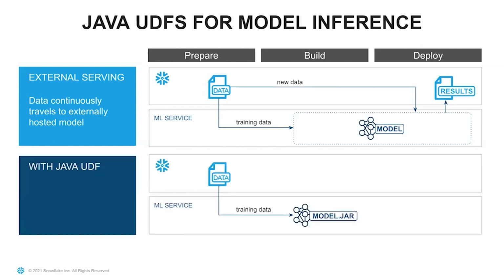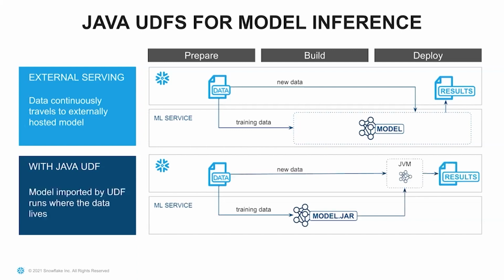But with a Java UDF, what you get out of your ML training and modeling is a jar file. Our partners support this method, and you get that jar file back into Snowflake, and then all of the deploy stage can happen inside Snowflake for way better control and speed.